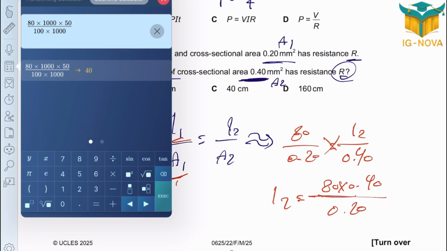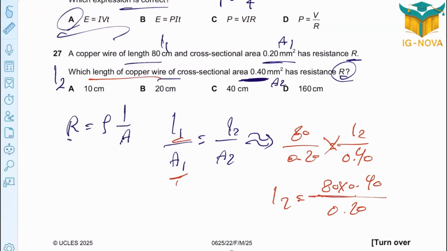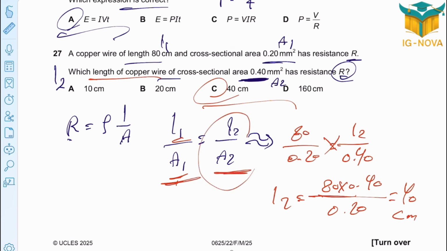Let's use the calculator. It's 80 times 0.40 over 0.20. The correct answer is 40. So 40 centimeter, option C, is correct. I think it's easy now to use this ratio method.